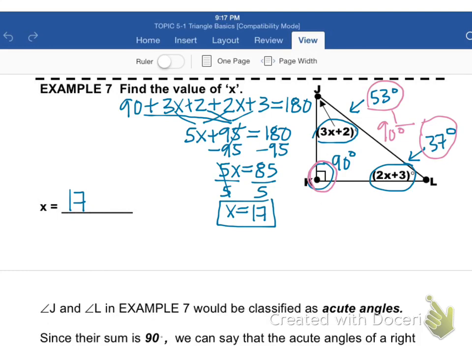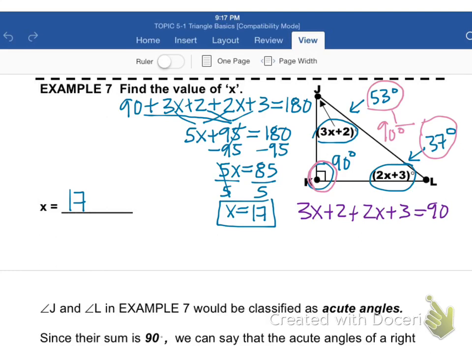So if you do have expressions for the acute angles in a right triangle, you could make a different equation instead of the one we made, where you're just adding the two acute angles and having those equal to 90. So you could have done 3x plus 2 plus 2x plus 3 equals 90 degrees. And when you solve that, you're also going to get 17 for x.